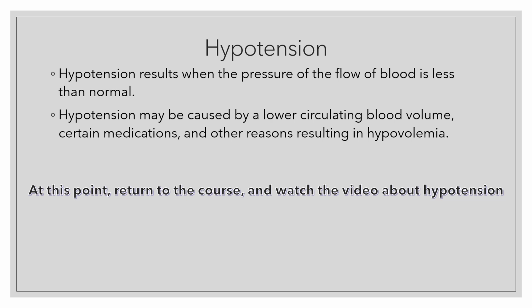It could be certain medications, such as digitalis or digoxin, and other reasons that result in hypovolemia. For example, if someone has a major injury and is bleeding, or they're having profuse diarrhea or vomiting and get dehydrated, your blood pressure will go down.